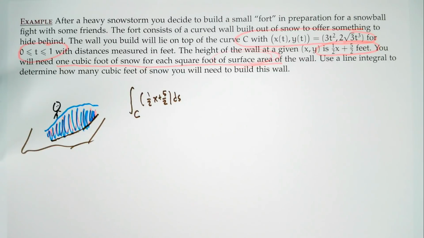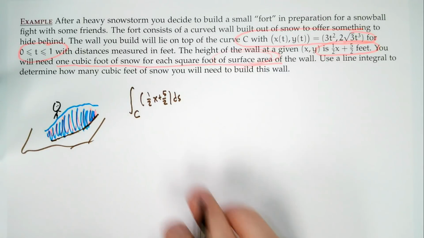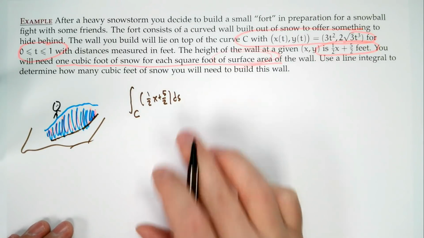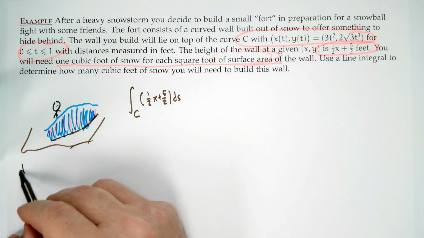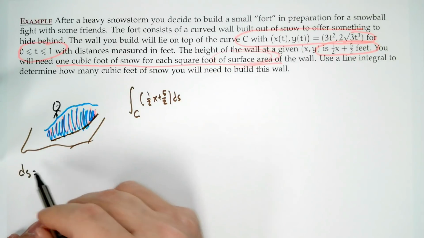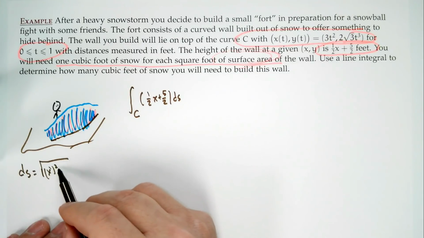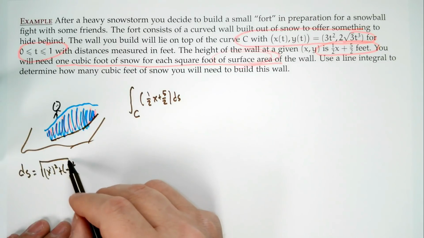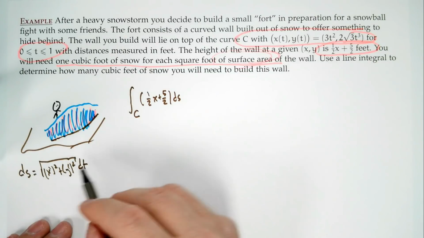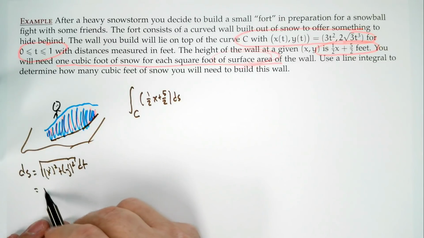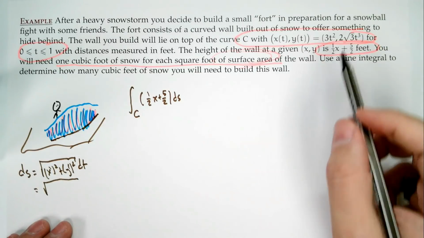Okay, well, let's tackle a couple things here. Let's start by handling the ds. What is ds going to be? Well, now we're in a two-dimensional integral, so that's going to be the square root of x prime squared plus y prime squared dt, which is going to be the square root of, let's see, x prime.